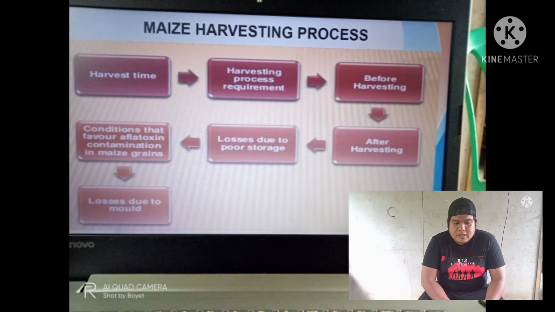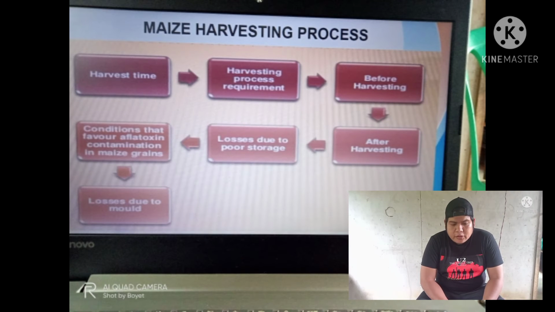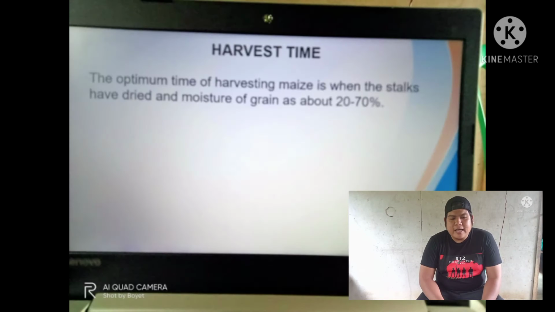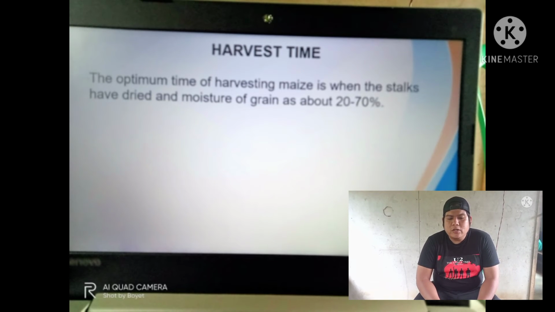Then the sixth is conditions that favor aflatoxin contamination in maize grains. Then the seventh is losses due to molds. Harvest time: the optimum time of harvesting maize is when the stalks have dried and grain moisture is about 20 to 70%.